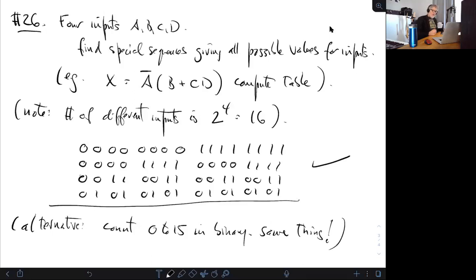If you look at the columns and take the lowest row as your least significant bit, then you see that you're going from 0, 1, 2, 3, 4, 5, 6, 7, 8, and that's exactly what you have. You're counting from 0 to 15 in binary. So two totally different ways of listing these things, but you will get the same result.